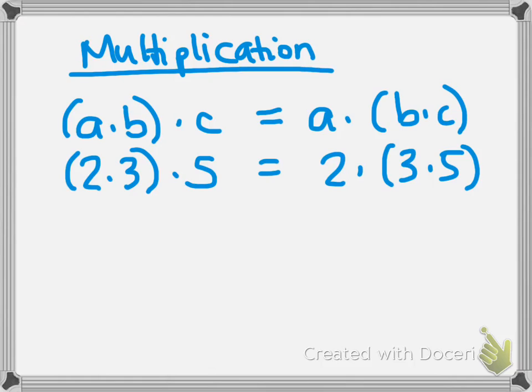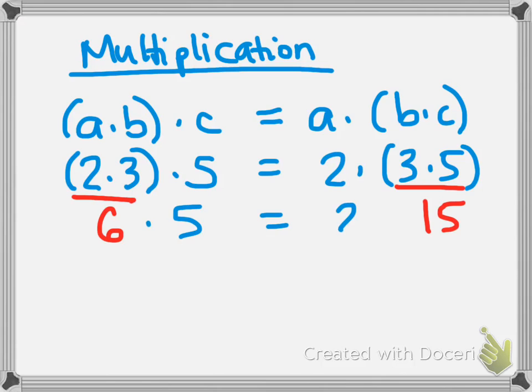We're going to look at the grouping first. 2 times 3 here is 6. 3 times 5 here is 15. Okay, then 6 times 5, is that the same as 2 times 15? 6 times 5 is 30. 2 times 15 is 30. So multiplication works with associative property.